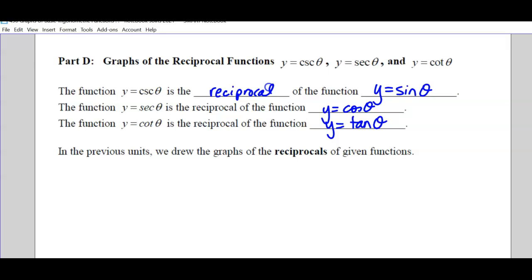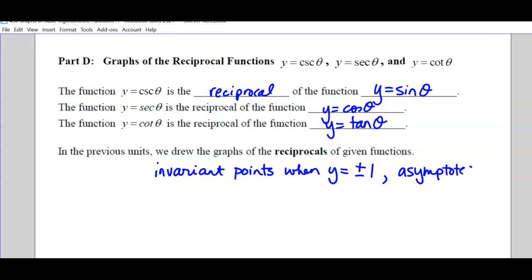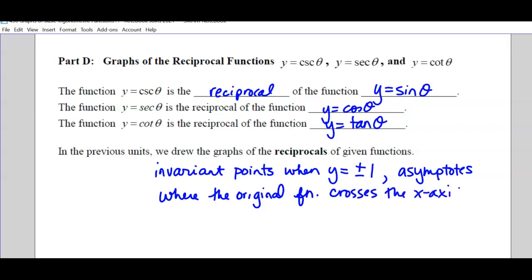So in the previous units, we drew the graphs of the reciprocals of given functions, and we had to remember invariant points when y equals positive or negative 1, and then asymptotes where the original function crosses the x-axis.